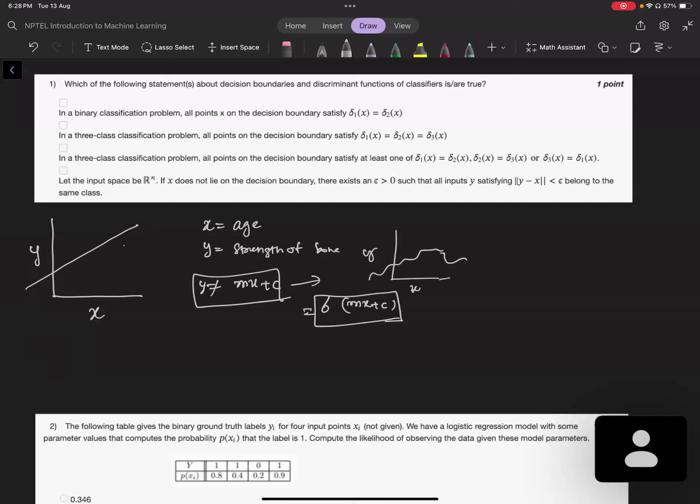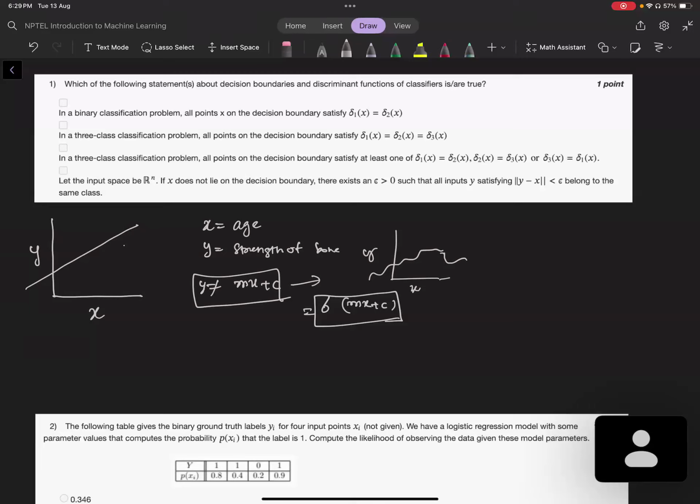Okay, coming back to the questions. The question says: which of the following statements about decision boundaries and discriminant functions of the classifier is true? One or more choices may be correct. Option A: in a binary classification problem, all points x on the decision boundary satisfy delta 1 of x equal to delta 2 of x.